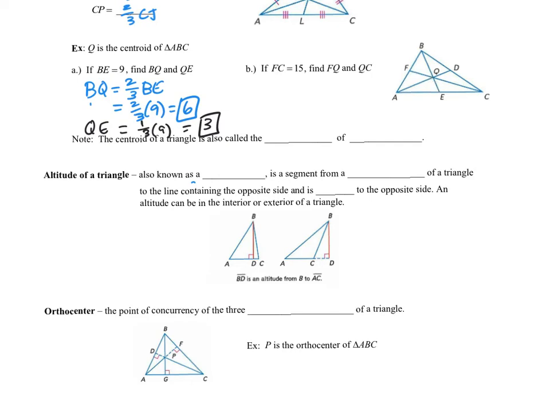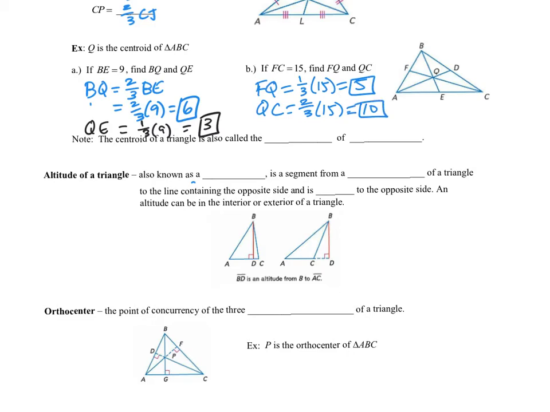So to find FQ, we are going to take 1/3 of the measure of the whole median, which is 15, so FQ is 5. That means QC is the rest of the measure of that median, or 2/3 of the median. 1/3 of 15 is 5, so 2/3 of 15 is 10.